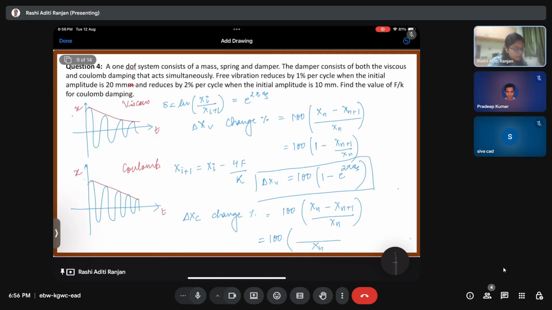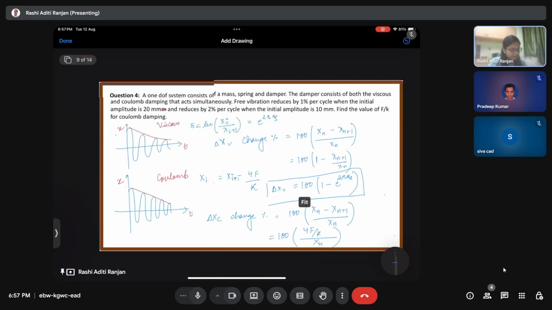We'll have xn over here and we are going to have 4 f by k into 100, right? This is what we are going to get. So here I have written one thing wrong. Here it should be i and here should be i plus 1, right? Then we are going to get this relation.